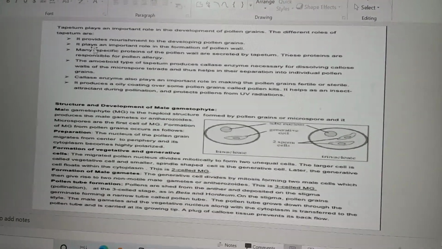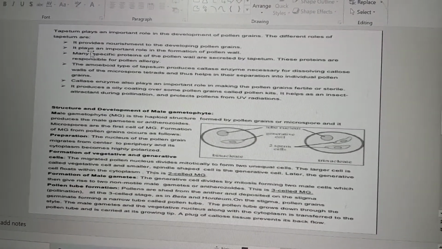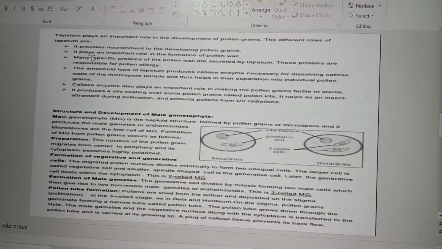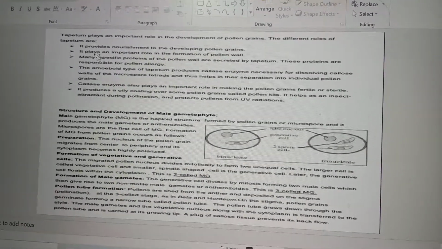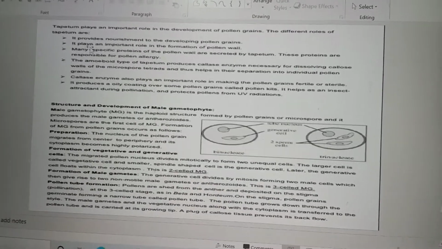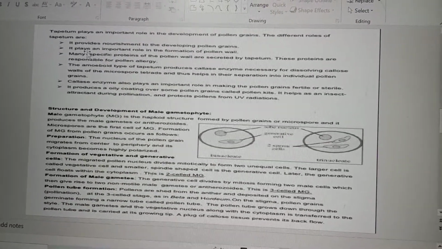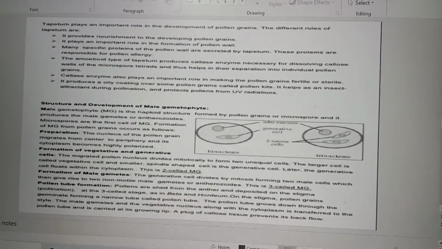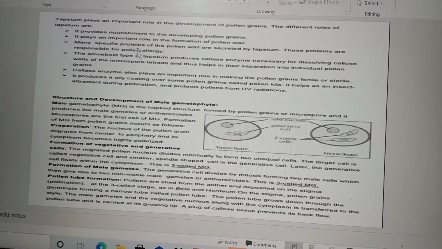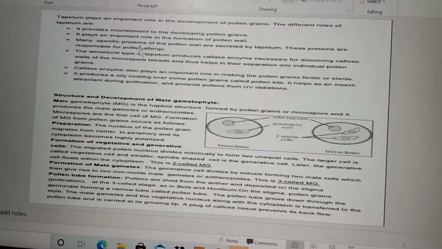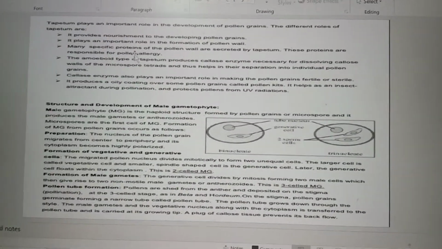The different roles of the tapetum are: it provides nourishment to the developing pollen grains, and it plays an important role in the formation of the pollen wall, and many specific proteins of the pollen wall are secreted by the tapetum. The tapetum secretes many proteins, and these proteins are responsible for pollen allergy and also for the pollen-pistil recognition reaction. You will study it in your later chapters.